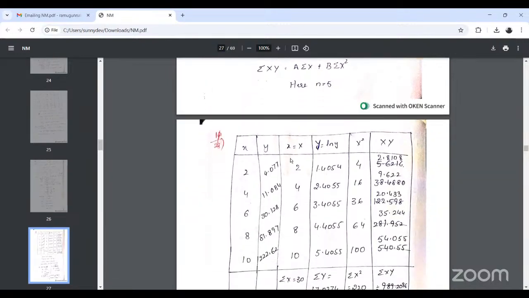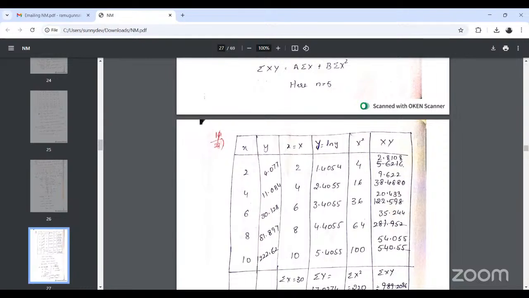So now let's see. X, y and the small x equal to capital X, then we are getting the same thing. But capital Y equal to ln y. So ln of 4.0077, and we are getting 1.4054. And next the capital X square. Capital X square means 4, 16, 36, 64, 100.